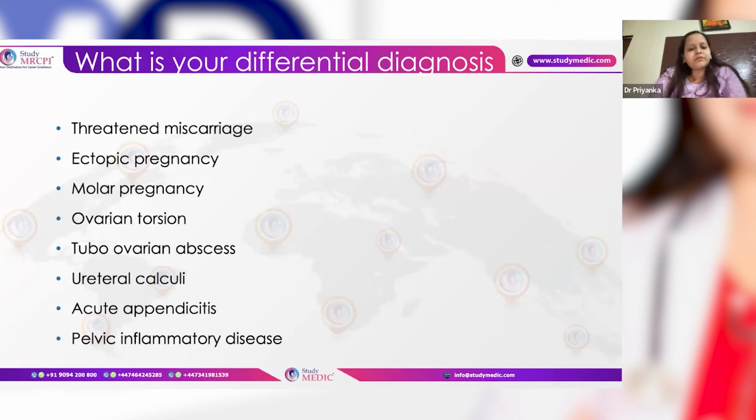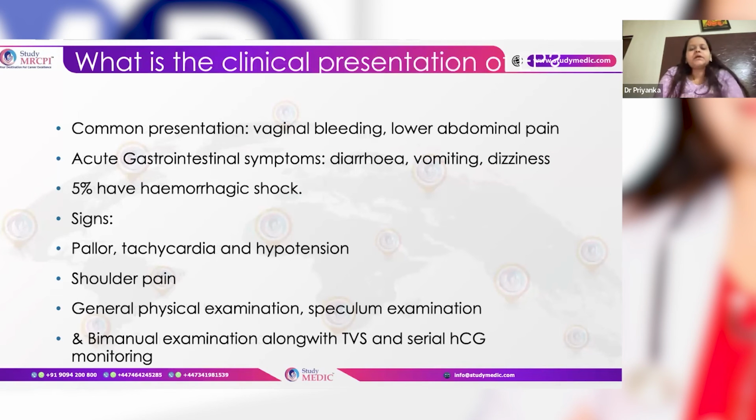So any history of previous ureteric calculi or acute appendicitis, the specific right iliac fossa pain, will help rule those out, and the ultrasound will rule out the diagnosis. In her case, she had a history of pelvic inflammatory disease, so knowing those symptoms is important.